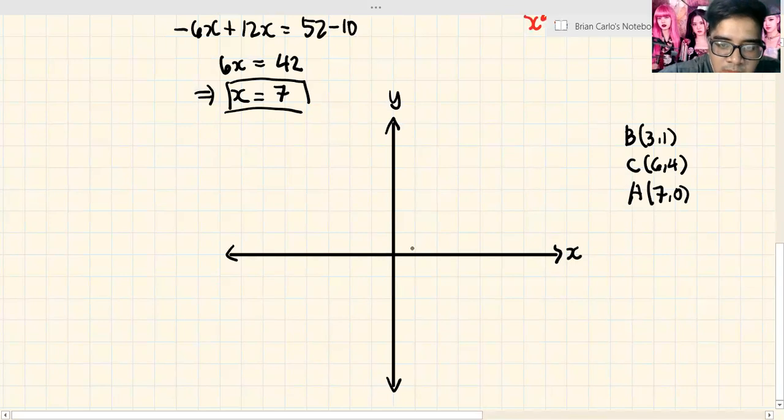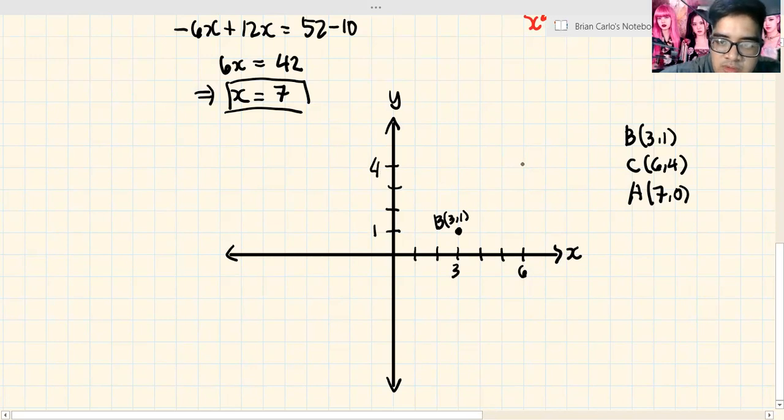Ngayon, B, 1, 2, 3. 3, 1. This is 1. So, this is 3, 1 or B. Kunin natin yung susunod. 4, 5, 6. Ito yung 6. 6, 4. 2, 3, 4.